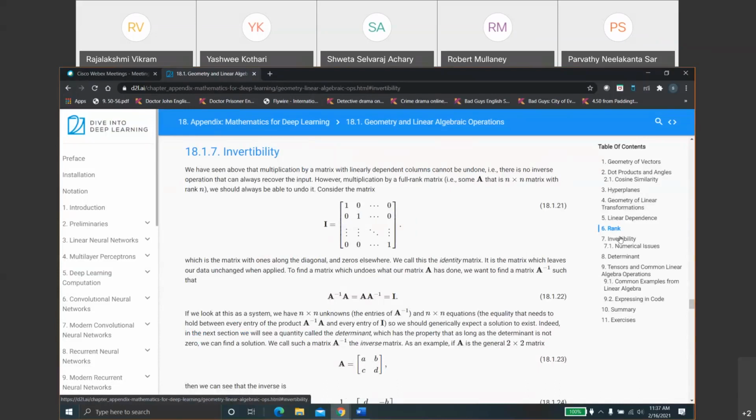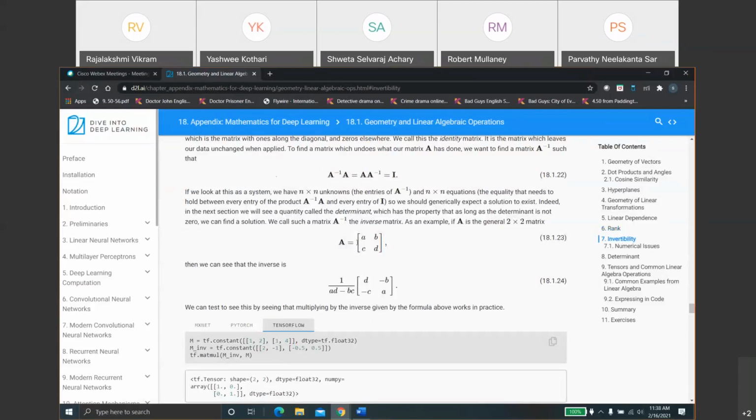How can you undo something that has been done by a matrix? You will find its inverse and you will multiply it with its inverse. So A into A inverse will give you an identity matrix, which means that inverse undoes everything that has been done by the matrix A.